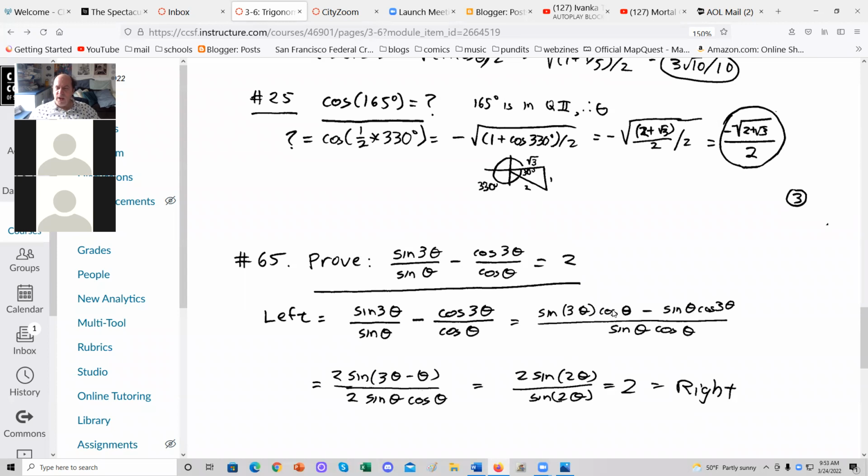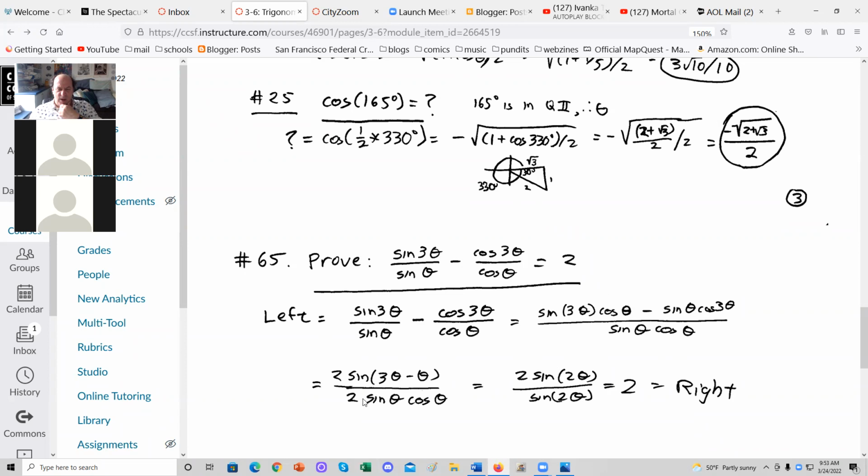Now, sine cosine minus cosine sine is an angle addition. No, it's a sine subtraction rule. Sine, cosine, cosine, sine. So it's sine of 3 theta minus theta. Sine 2 theta would put 2 over 2 here.